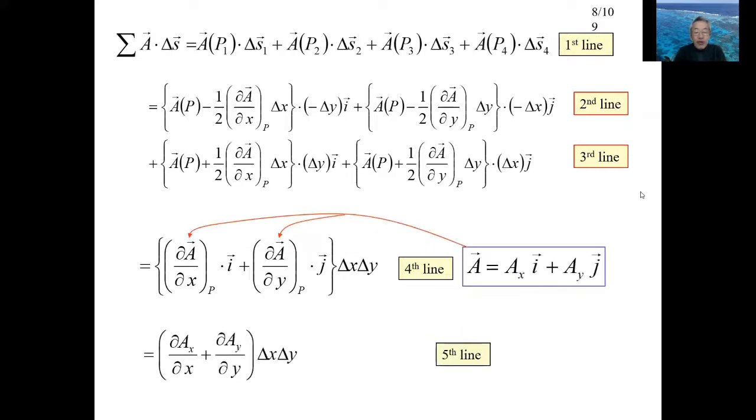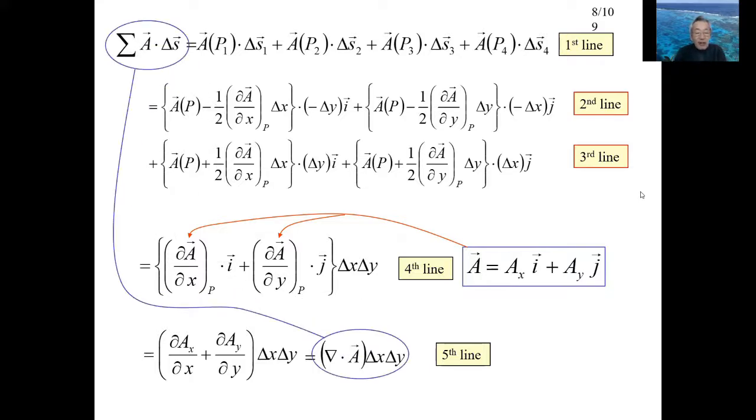Substituting the expression of vector A with unit vectors, the equation on the first line becomes the equation on the fifth line. The nabla operator is used for the last expression.